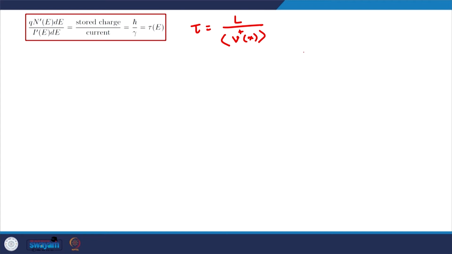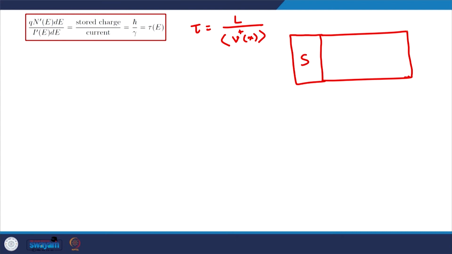So, in a 2D device, in a device where the channel is 2D and this is in contact with the source terminal and the drain terminal, this is the length of the device, this is the width of the device. Width of the device is W, the length of the device is L. Okay.